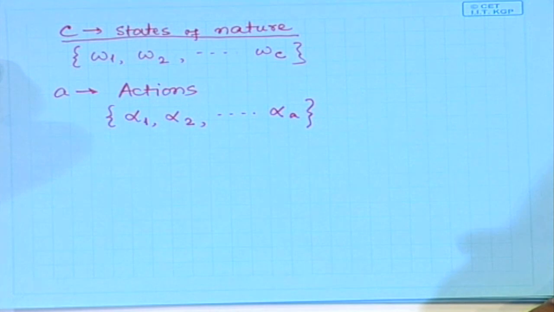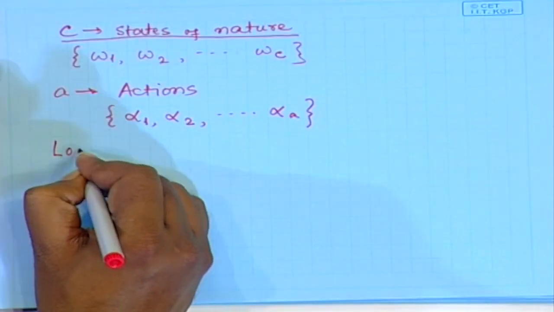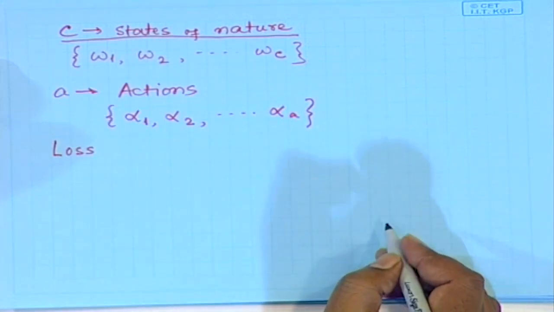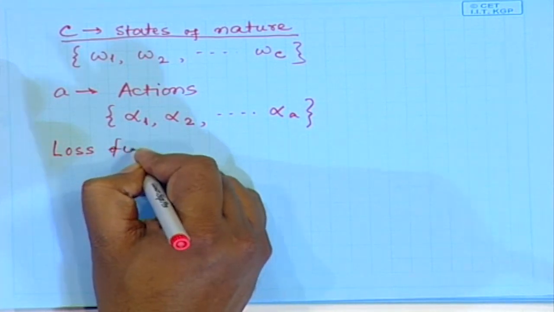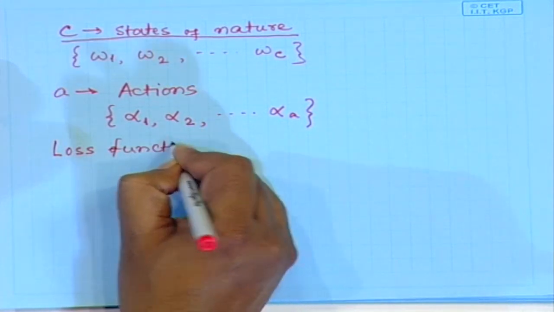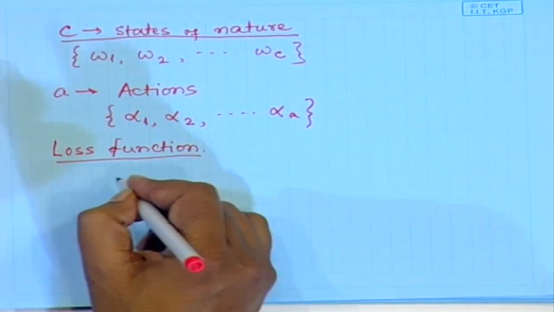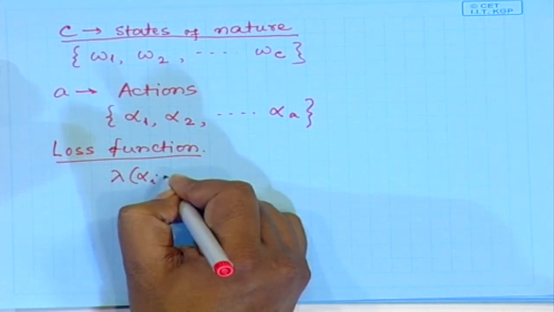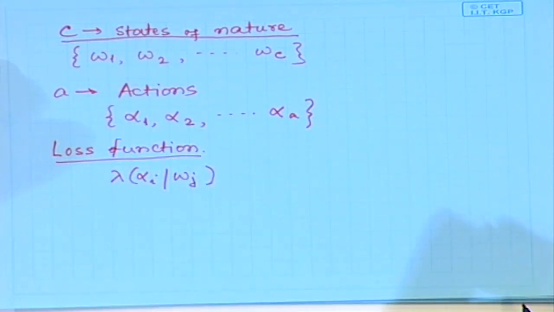I have these a number of actions, and I said that we introduce a loss function which is more general than probability of error. This loss function I represent as lambda of alpha i given omega j.